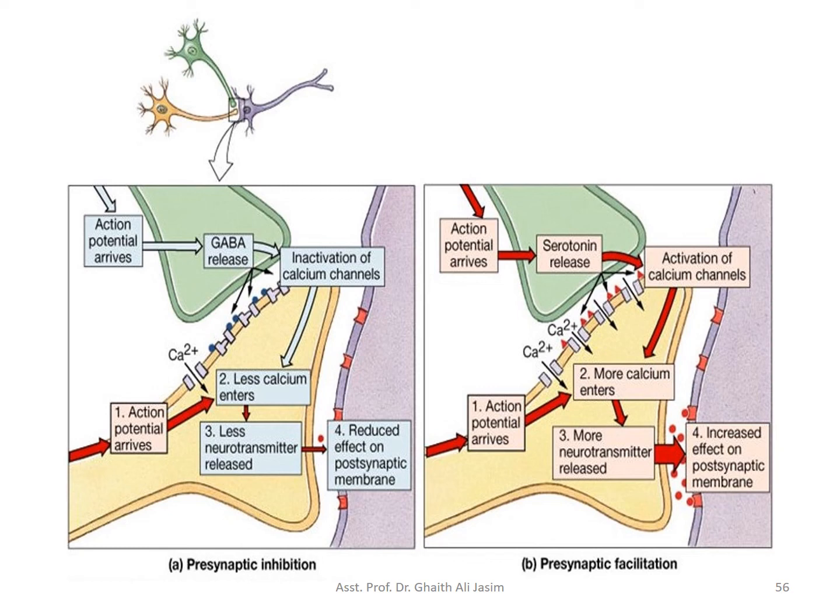Calcium will enter, the action potential arrives from the presynaptic neuron, more calcium will enter, more neurotransmitter will be released, and there will be increased effect on the postsynaptic membrane.